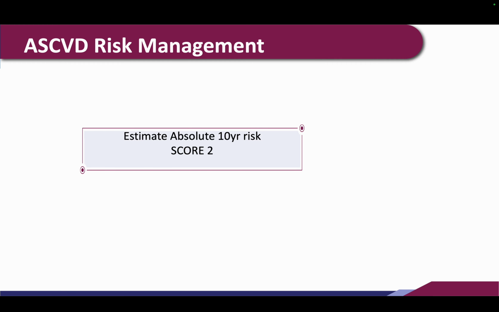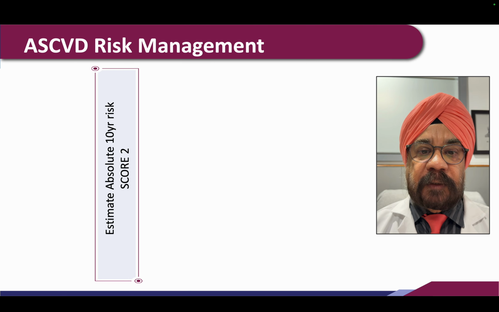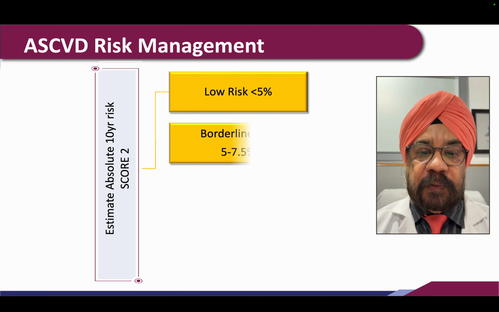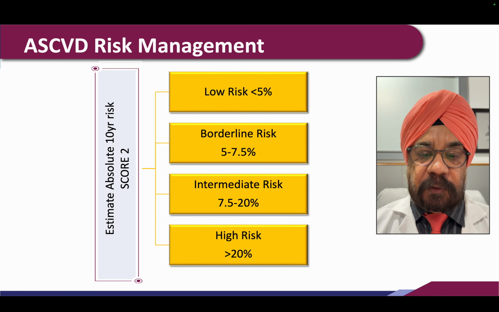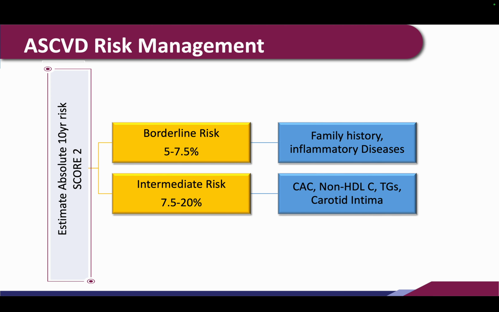So now we calculate the absolute risk by using this score. Once we have the absolute risk, let us find out the risk modifiers. With an absolute risk, we can fall in a low risk, borderline risk, intermediate risk, or high risk category. In borderline and intermediate risk categories, it's a good idea to look for risk modifiers. This being the largest category, if we add another risk modifier, for example calcium score, and the calcium score is high, we would upgrade this intermediate risk into a high risk category.